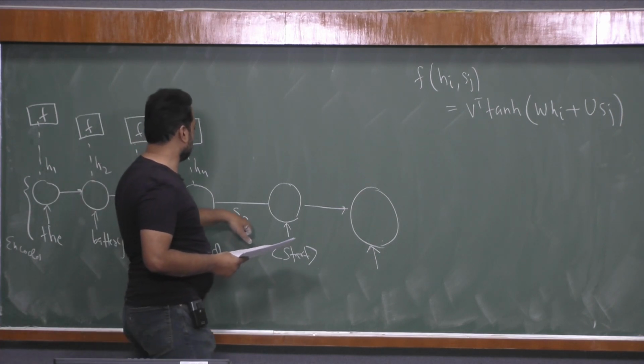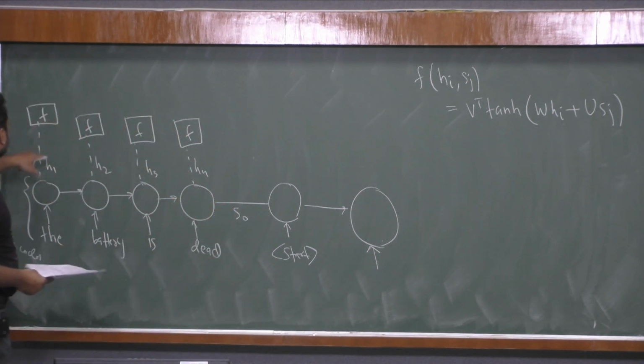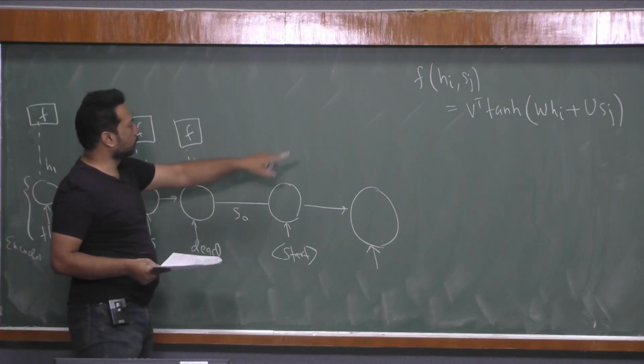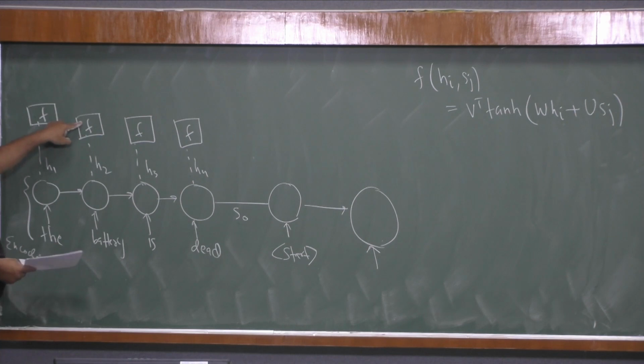It will be used with h1 here to compute these f scores. So f of h1 s0 will be this guy, f of h2 s0 using that formula will be this guy, and so on. Okay, so this is how we compute these f values.